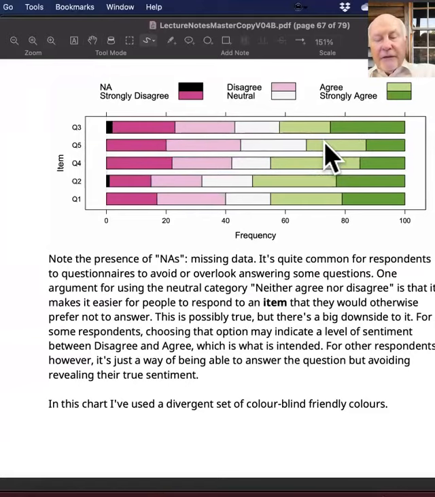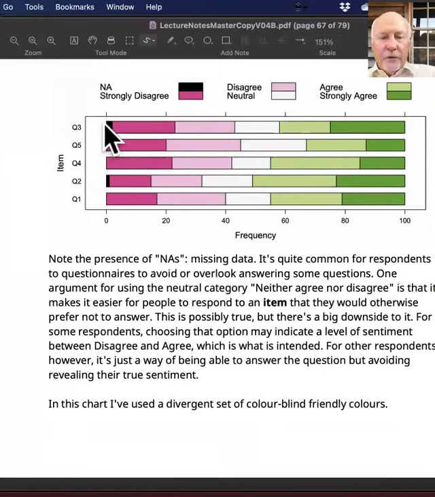I've used colours that are supposed to be colourblind friendly, what's called a divergent colour scale, which ranges from a pinky magenta colour to pink to white, and then a light green and a dark green. Apparently it works reasonably well if you print it out in black and white.